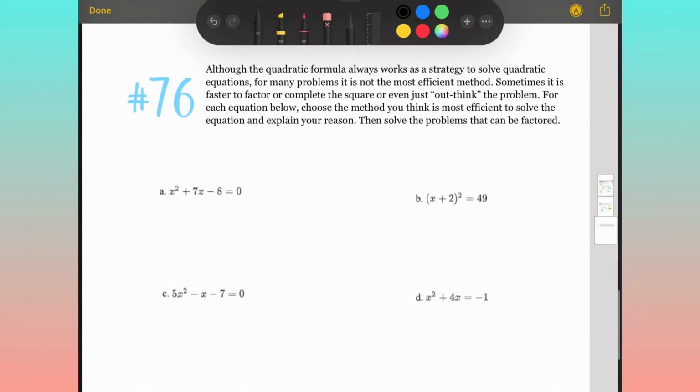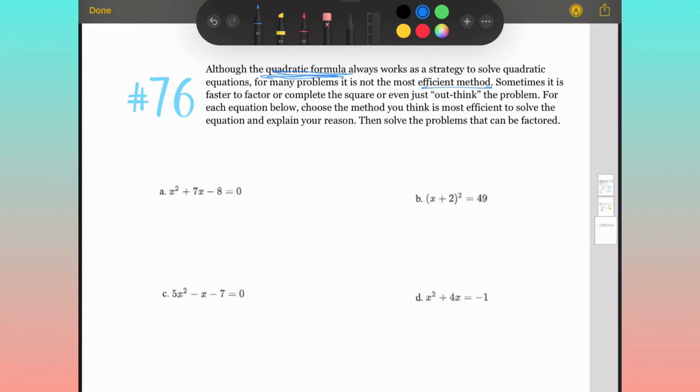All right, 76, we're bringing back some quadratic information. This is going to come in handy in the next chapters. So whenever we're solving quadratics, the quadratic formula is always going to work no matter what type it is, but it's not always the fastest. It's not the most efficient. There's quite a bit of room for human error.